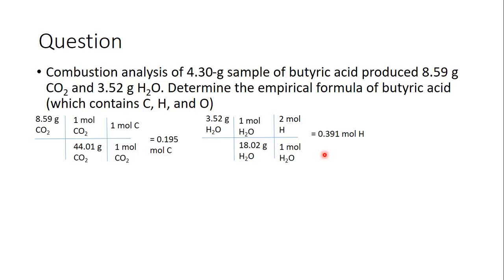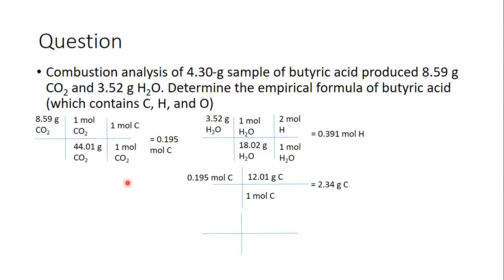So we dealt with carbon, we dealt with hydrogen. Now we have to deal with oxygen. So, from our carbon, we had 0.195 moles of carbon. For every 1 mole of carbon, we have 12.01 grams of carbon. So in our 4.30 gram sample of butyric acid, 2.34 grams of that weight are due to carbon.